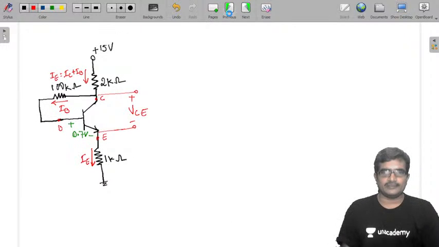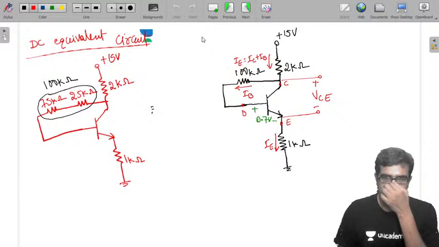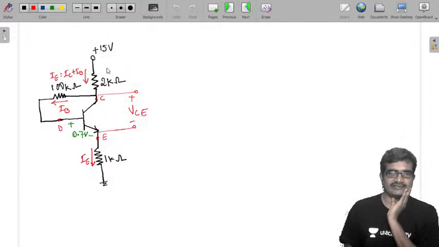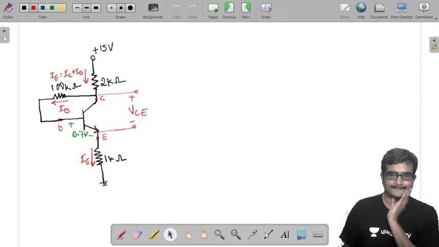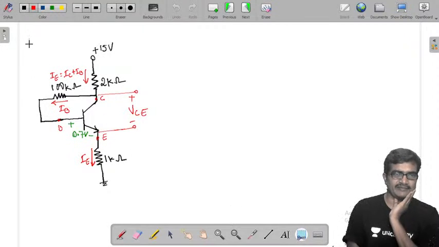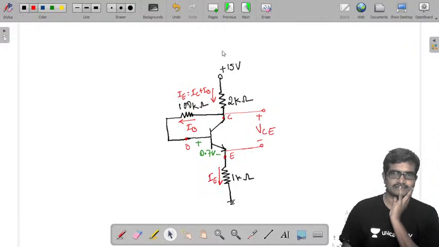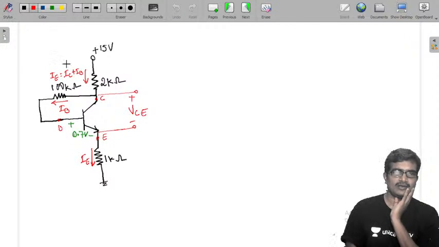First I am taking this circuit. I am going to apply KVL to the input loop.